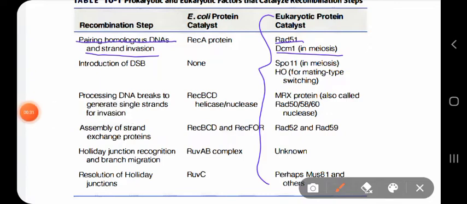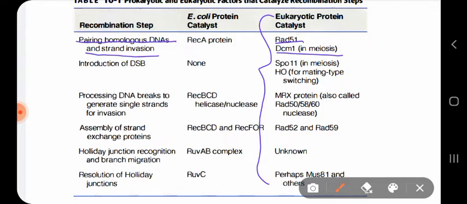The full form of DMC1 is DNA meiosis recombinase 1. RAD51 is the DNA repair protein, RAD51 homolog 1, you can say. And they are involved in pairing of homologous DNA and strand invasion.